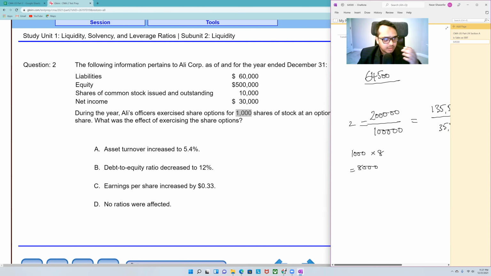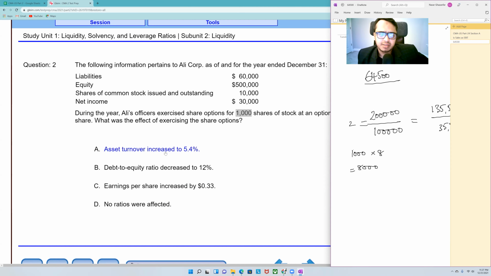So 8,000 will be the equity amount which is being raised. Is the liability increasing? No, liabilities are not increasing. The number of shares issued and outstanding will also increase, but the net income is not going to change. So let us see the options.